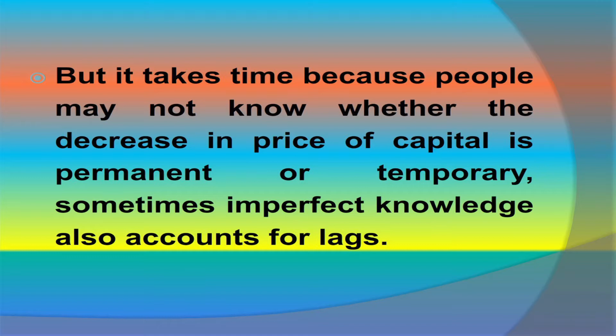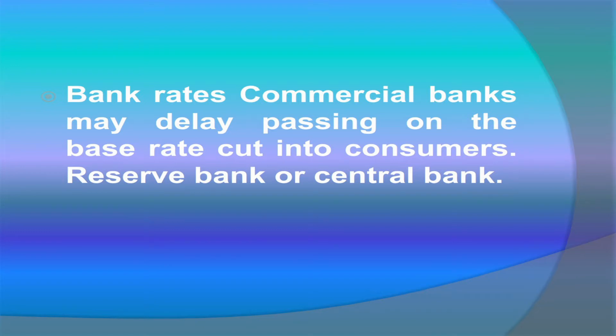Sometimes imperfect knowledge also accounts for this late reaction. In the bank rate case, commercial banks may delay passing on the base rate cut to customers for some time. So, it will take some time before they react to a change announced by the Reserve Bank or central bank.